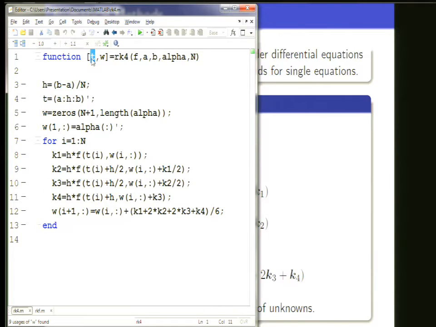What times are you computing? And it's, of course, a vector starting at A, going to B in steps of H. What about W? It needs to have one number for each, but it's a vector, right? So this W here, I made into a matrix. And in your case, it's going to be 4 variables per time step, right? So here's the time step, basically.